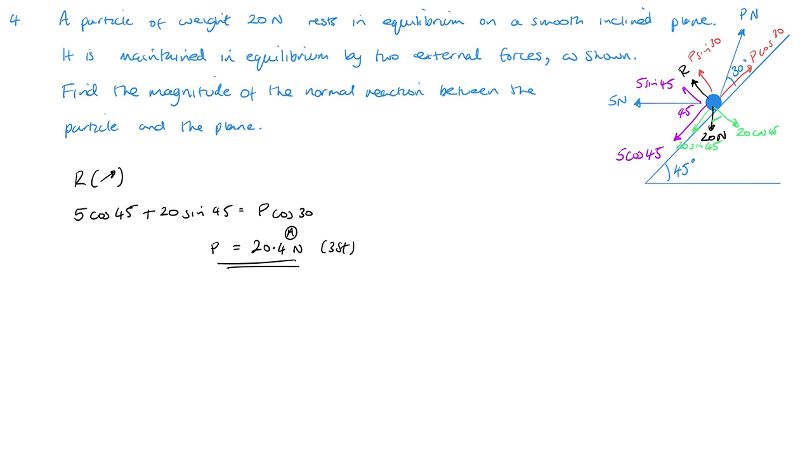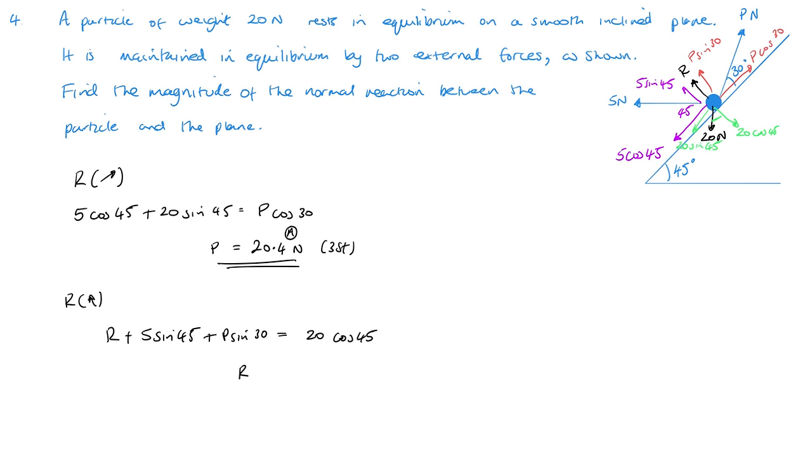Now we'll resolve perpendicular to the plane. Going up, we have R plus 5 sine 45, that's in purple, plus P sine 30, which is the one in red there, and that equals 20 cos 45, which is in green.